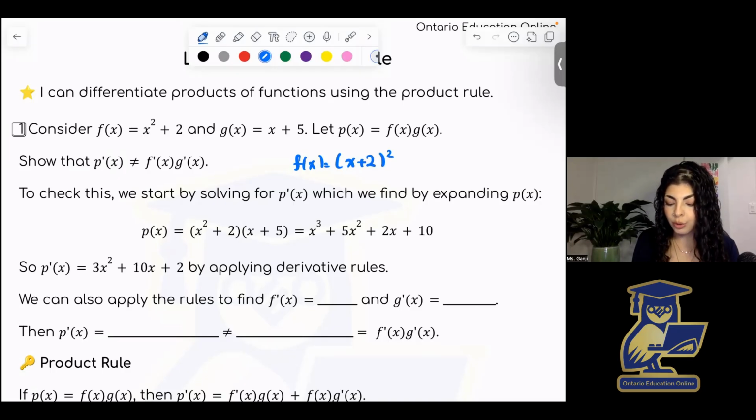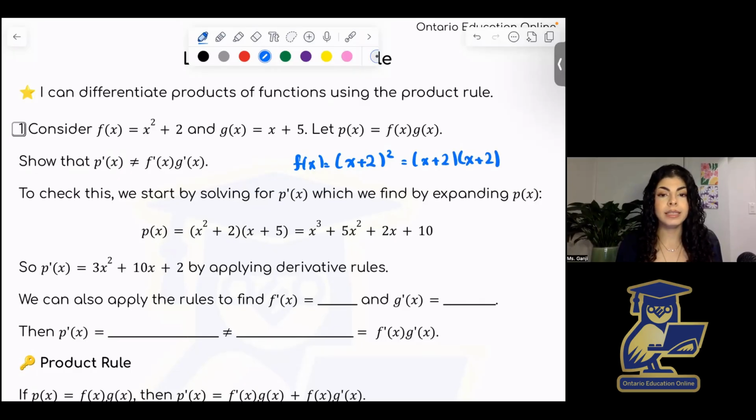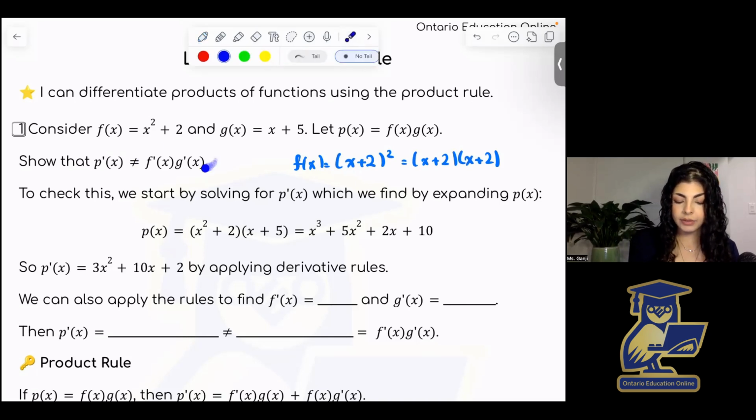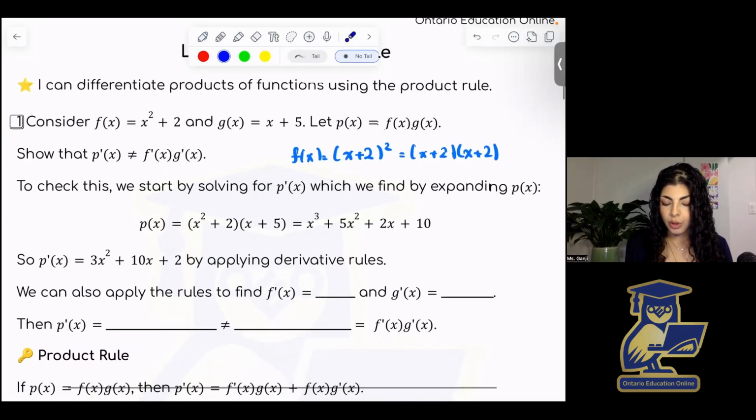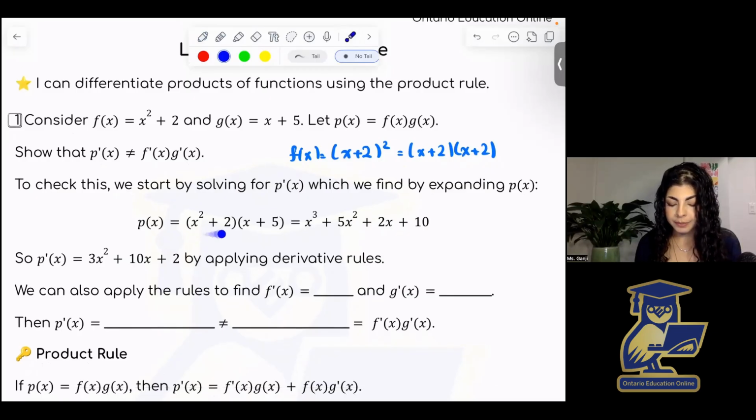And what we had to do, and keep in mind, this is just x plus 2 times x plus 2, right? We had to expand this and apply the sum rule for each of the terms because the product rule didn't work. And here we're also going to see that this version of the product rule does not work for derivatives. So now, expanding this here, we're left with x cubed plus 5x squared plus 2x plus 10.